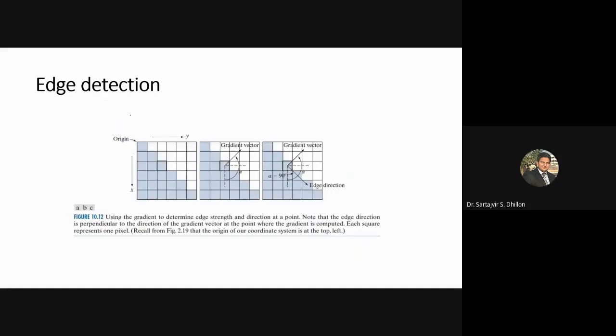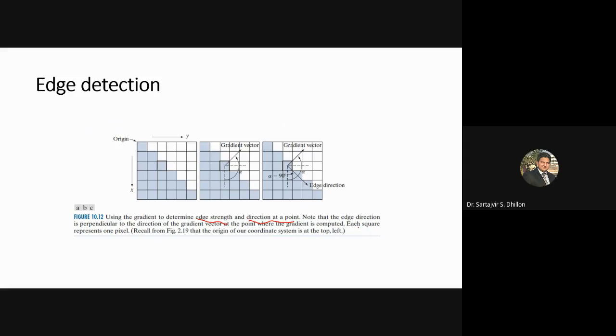So in order to detect the edges, we can use the gradient function. Here we can remember this term, gradient, to determine the edge strength and the direction at a point.